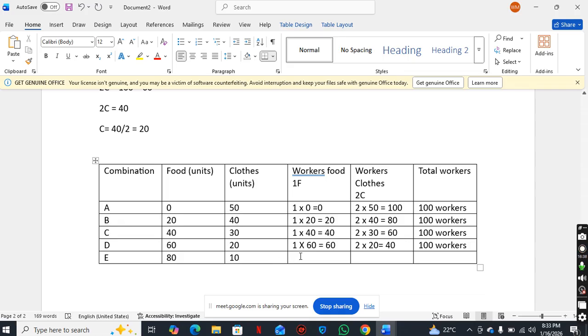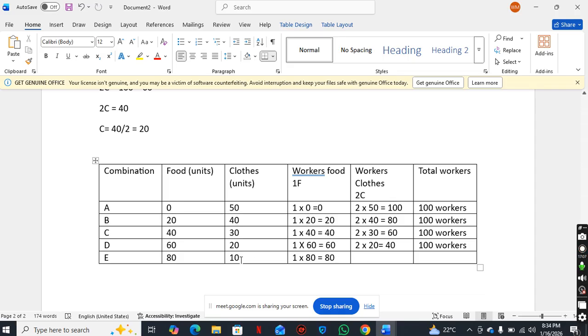So if 1 worker is needed for 1 unit of food, and we have 80 units of food, we just say 1 times 80, we're going to need 80 workers. Clothes.